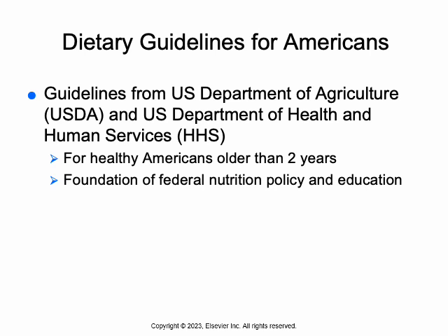We also have, through the Foundation of Federal Nutrition Policy and Education, guidance that will focus on what the majority of Americans will need. The dietary guidelines serve as the foundation of federal nutrition policies and education, based on information from Americans older than 2 years old.